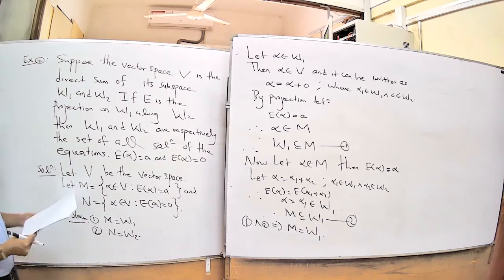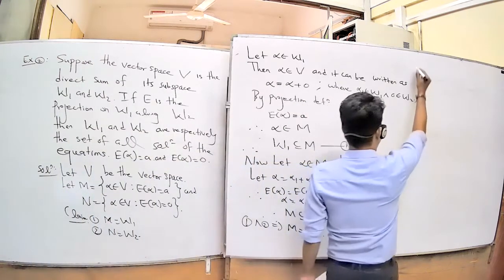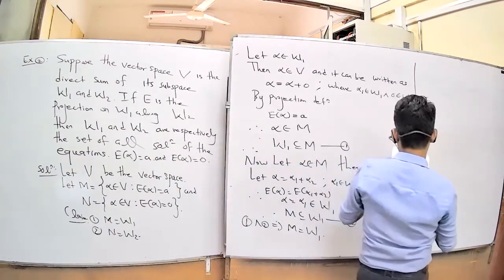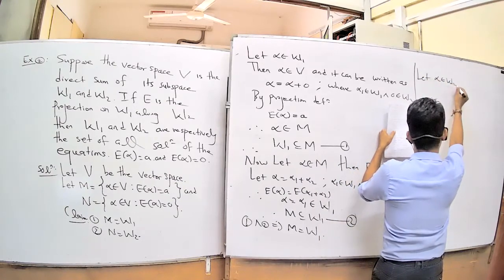Now you want to show that N equals W2. For that, let alpha belong to W2.